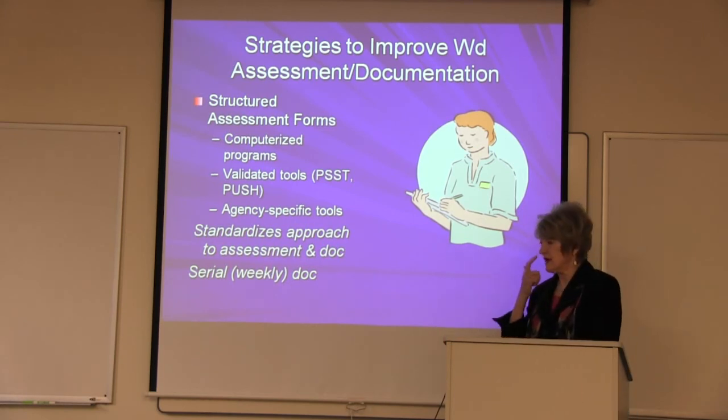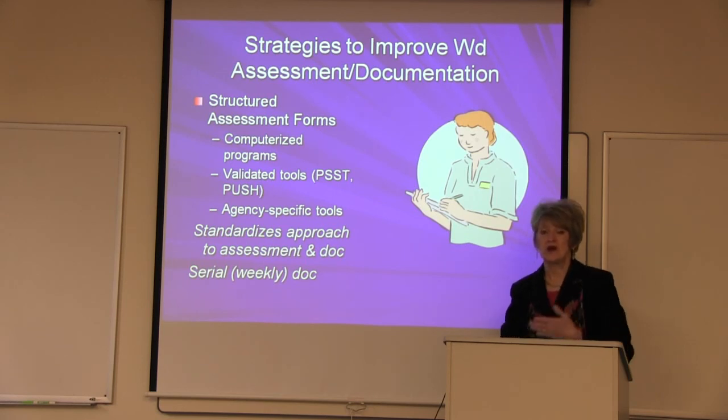There are some validated tools out there that allow you to generate a numeric score related to wound status. Probably the most widely used is the PUSH, Pressure Ulcer Scale for Healing, but it's actually been used in other types of wounds as well.